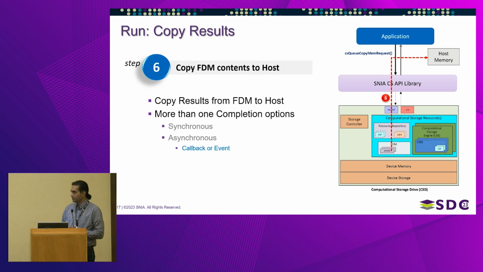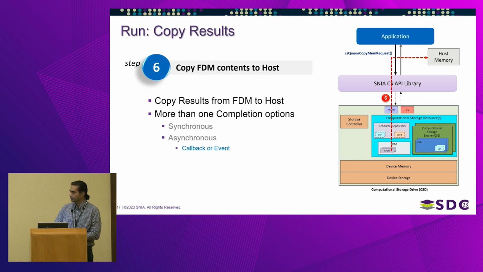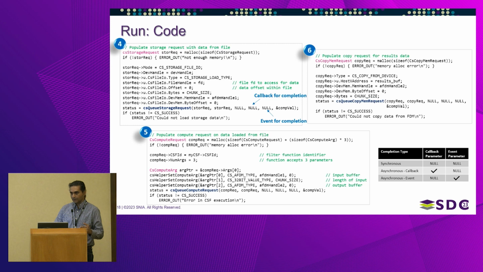And you would execute this copy mem request API. Again, this API too supports synchronous as well as asynchronous operations. As shown, all three of these APIs have the synchronous and asynchronous approach, which means you can queue data to each of these APIs, and you can expect them to work in either synchronous or asynchronous mode. Once you have copied your results, you have basically used the 6 steps to do computational storage.